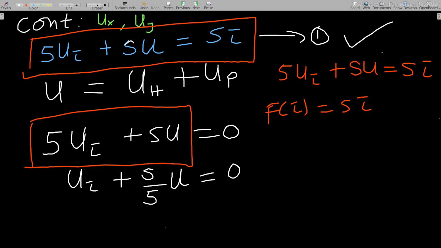Here this s is a constant, so since this is just some constant times tau, the particular solution should be a linear function, or a polynomial in terms of tau of order 1.